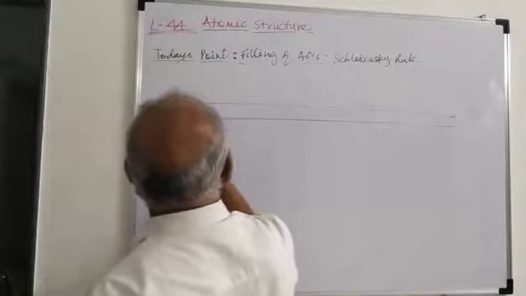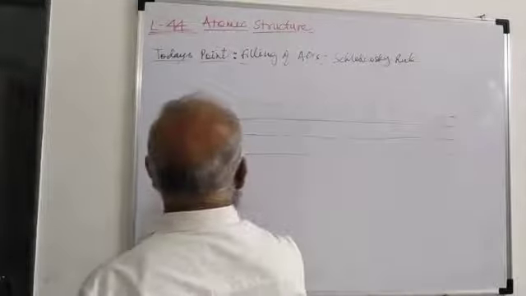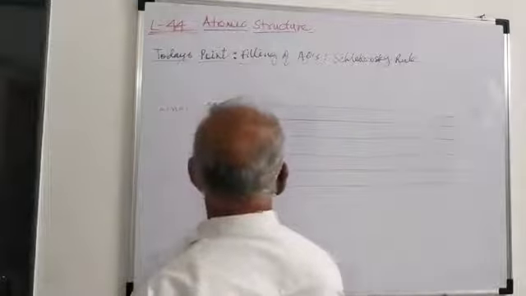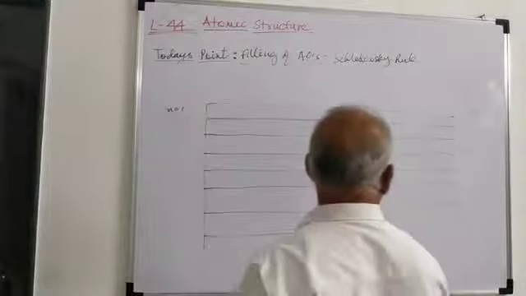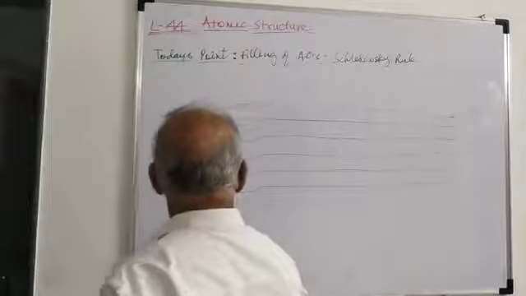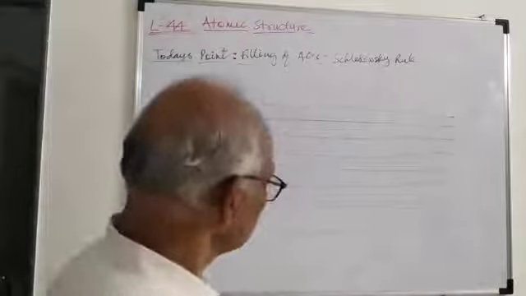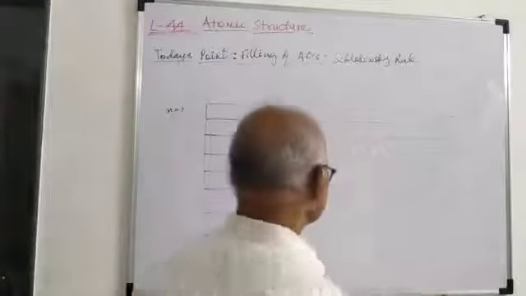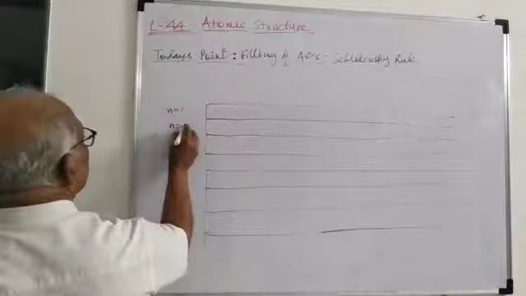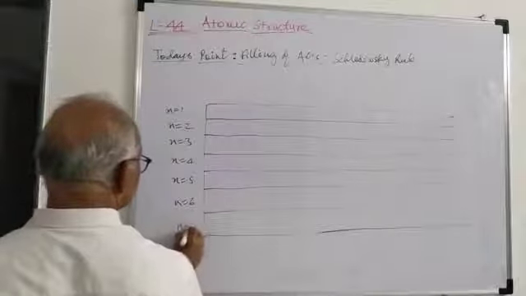So this is for n equal to 1, n equal to 2, n equal to 3, n equal to 4, n equal to 5, n equal to 6, and n equal to 7.